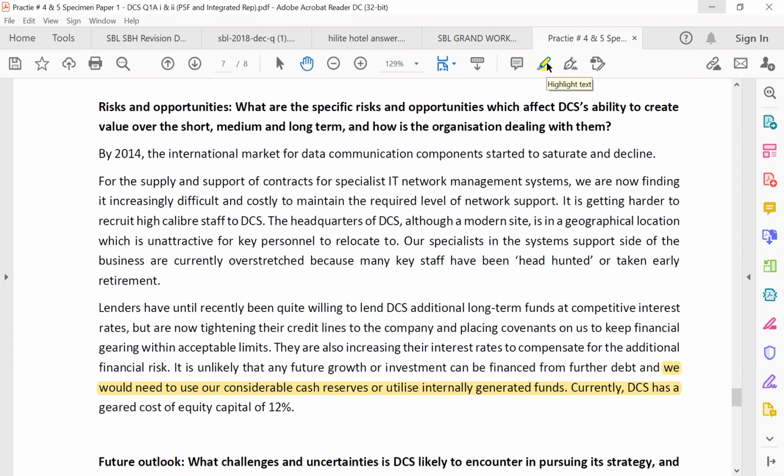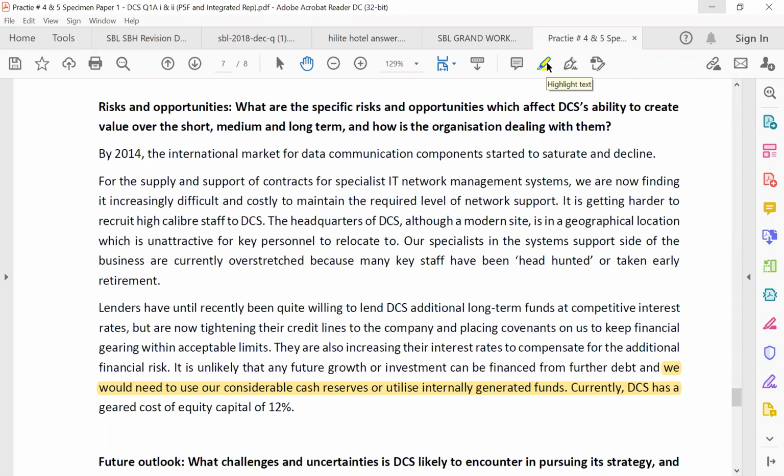For the supply and support of contracts for specialist IT network management system, we are now finding it increasingly difficult and costly to maintain the required level of network support. It is getting harder to recruit high caliber staff to DCS.